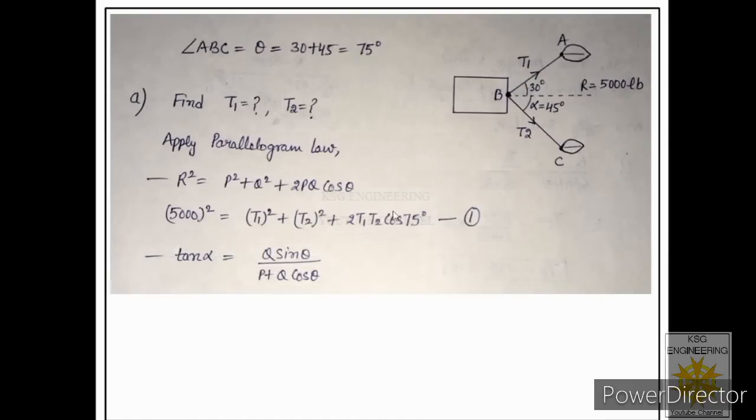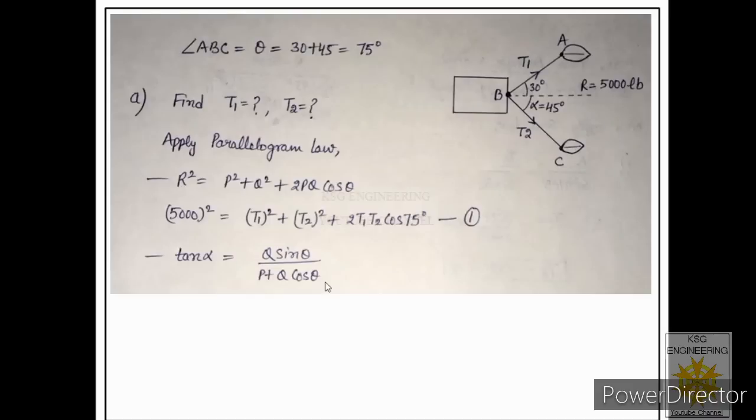That formula is related to the direction of the resultant of the two forces. It is tan alpha equal to Q sine theta divided by P plus Q cos theta, or you can say F2 sine theta divided by F1 plus F2 cos theta.